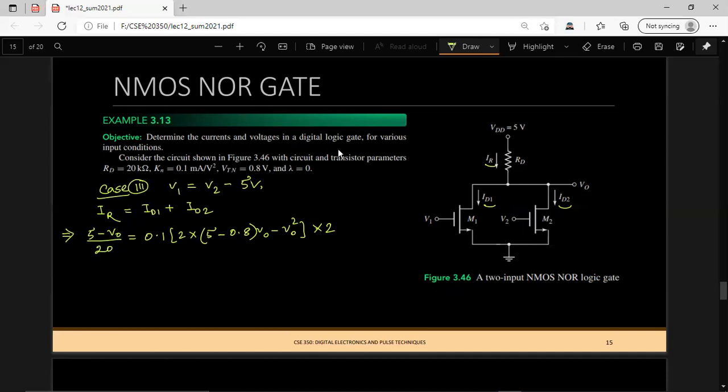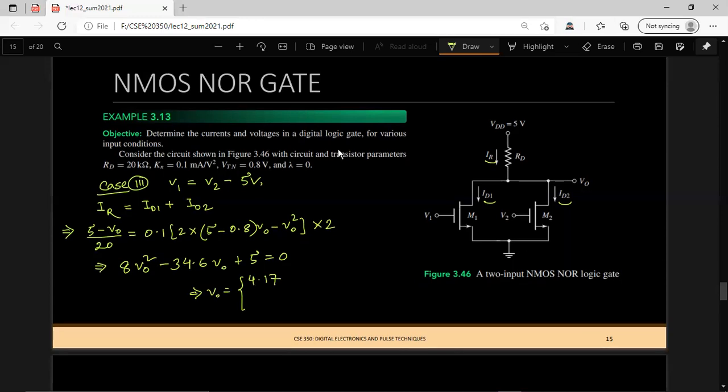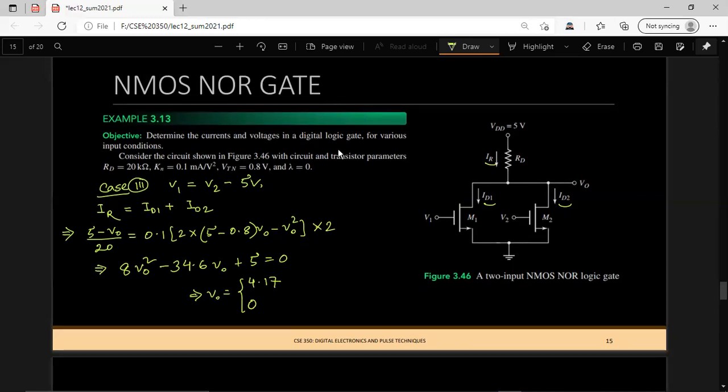For this case, both are the same, so we can multiply by 2, and from this we will have a quadratic formula, V0 squared minus 34.6 V0 plus 5 equals 0, and it will give V0 equals 34.4 and 0.149. Okay, so now which one should we pick?